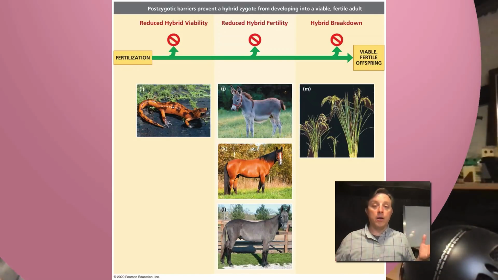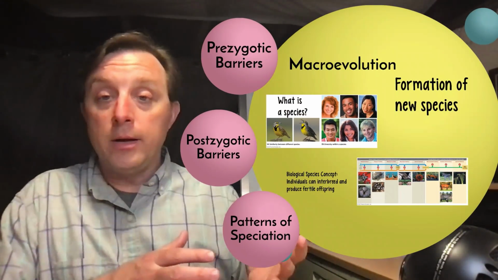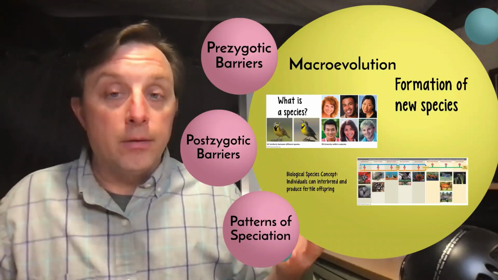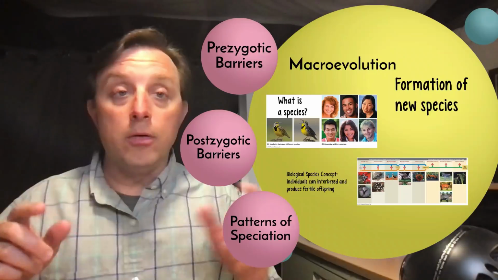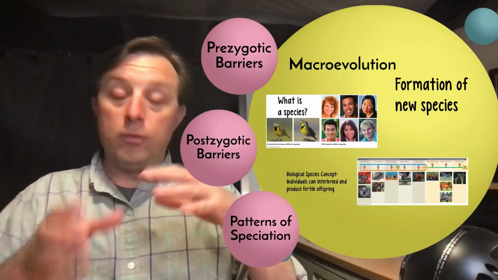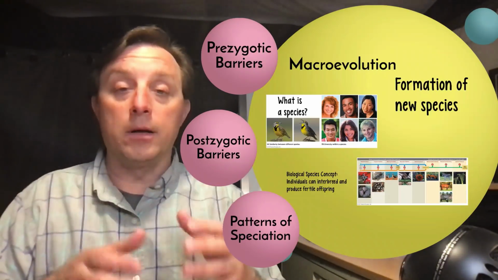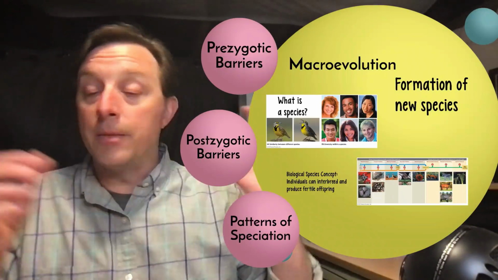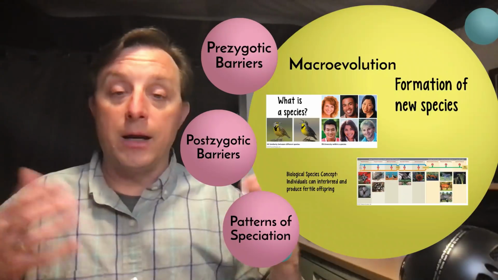Okay, so those are the main postzygotic barriers that maintain this reproductive isolation that is very important in keeping species separate. In microevolution, we talked about gene flow and how gene flow works to make populations more similar. To have divergent evolution, there has to be this reproductive isolation, and it's some combination of multiple prezygotic and postzygotic barriers.